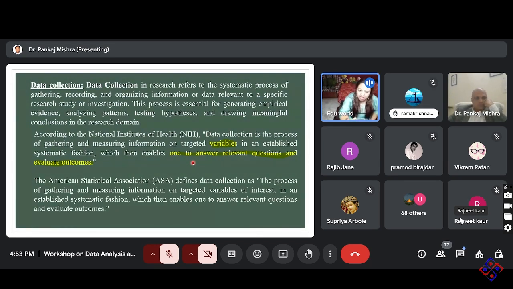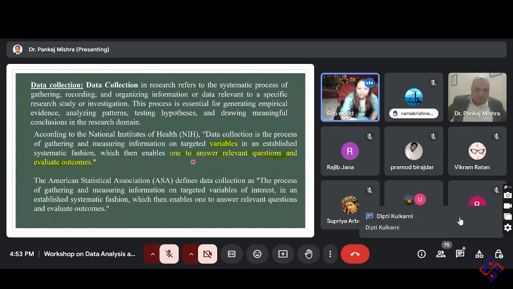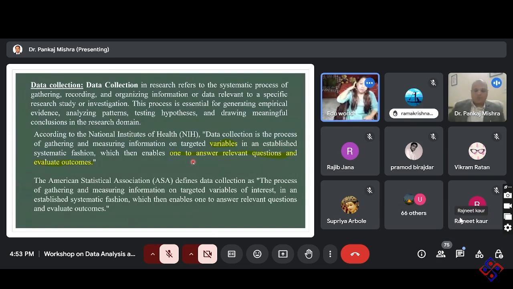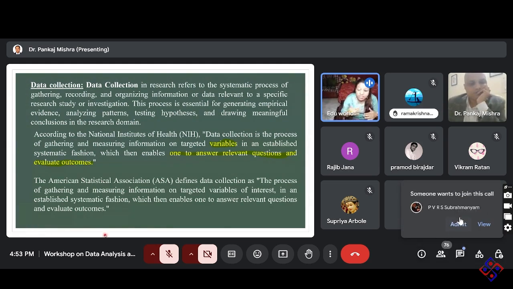Variables and constructs are most often used interchangeably, but both are different. When we start with the variable portion, I will show you how these are interchangeably used. Constructs are just the domains, but a variable is a characteristic related to a person or object which keeps on changing. It is not static.